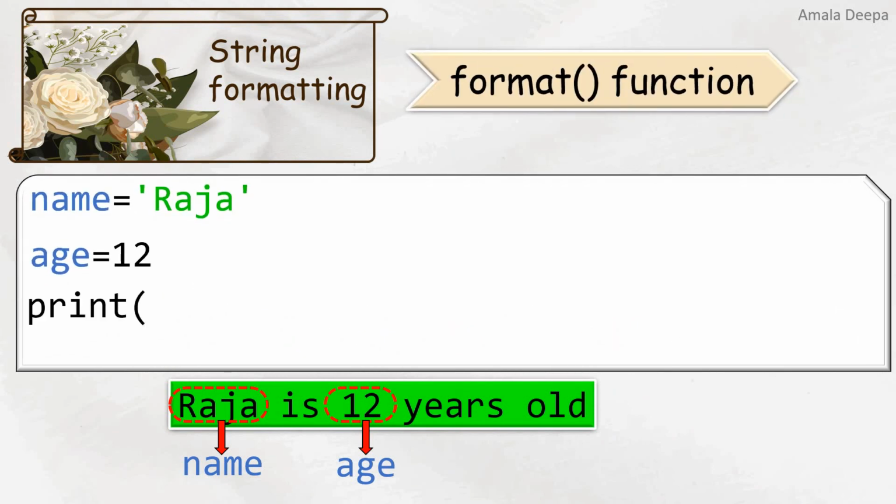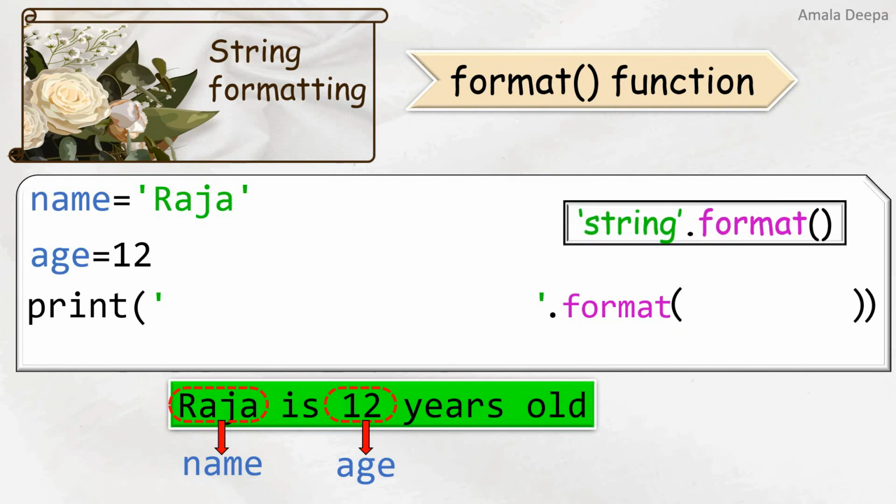So take the print statement, and within the print statement, first you place a string. So I put a pair of single quotes in which I'm going to give the string, followed by dot format function, dot format with the parenthesis. So the format function follows this syntax, string dot format function.